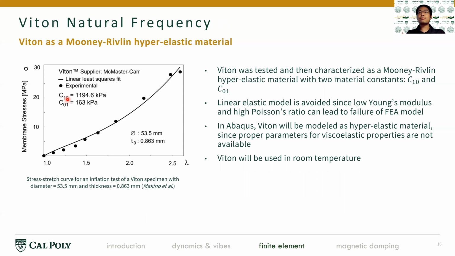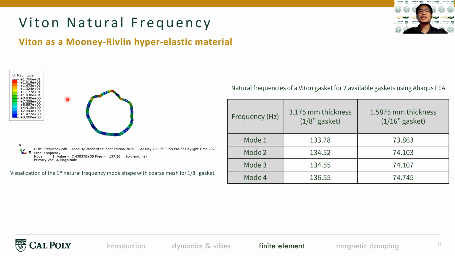So with these data points and with the understanding that the system will be used at room temperature, we can model it as a hyperelastic material and first study the natural frequency of the Viton gasket, where there will be 2 options to purchase from, the 1/8 inch gasket and the 1/16 inch gasket.